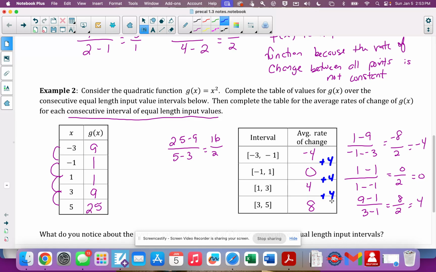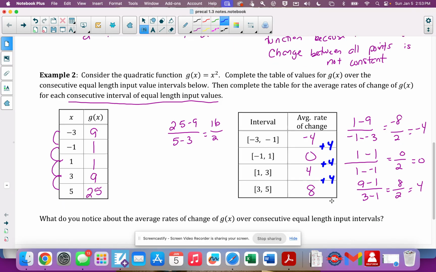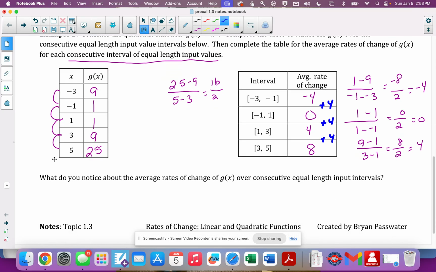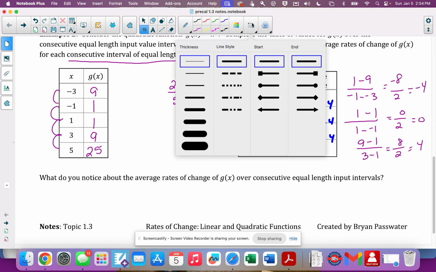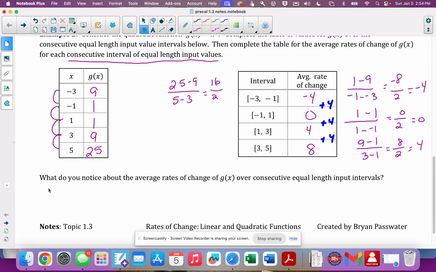Looking at your constant rate of change, if they are increasing, and we're actually going to state this, you know, how it needs to be phrased. I'm going to abbreviate it just so we know.